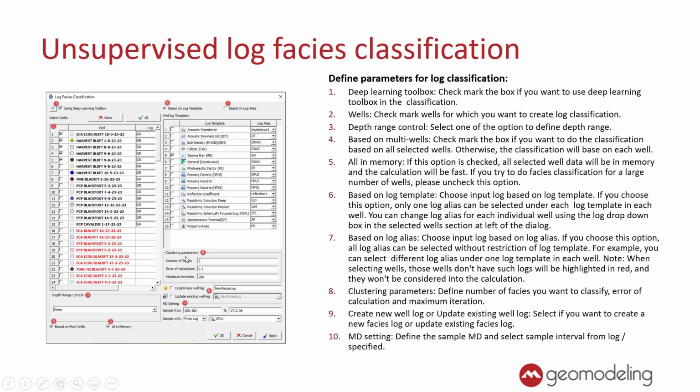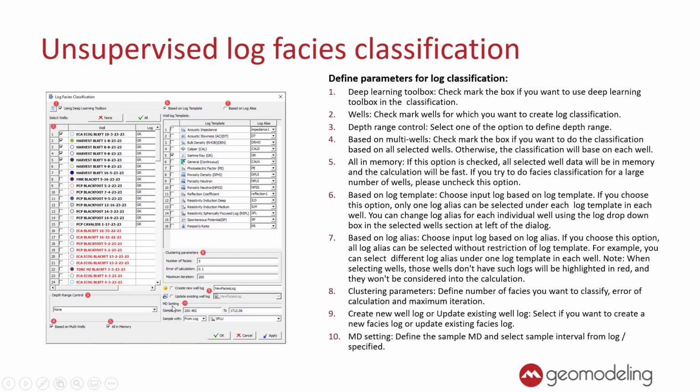This part is for clustering parameters. This is to define the number of facies you want to classify, the error of calculation, and the maximum iteration. And then you can select to create a new well log or update an existing well log.